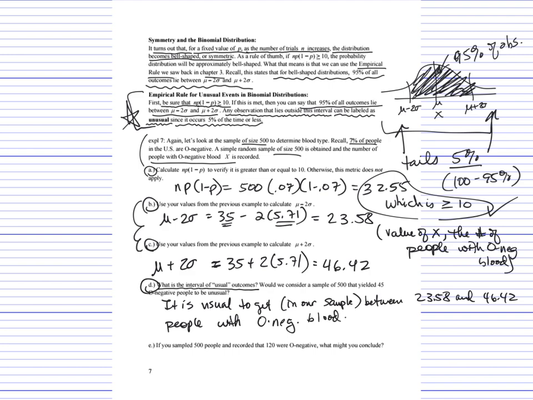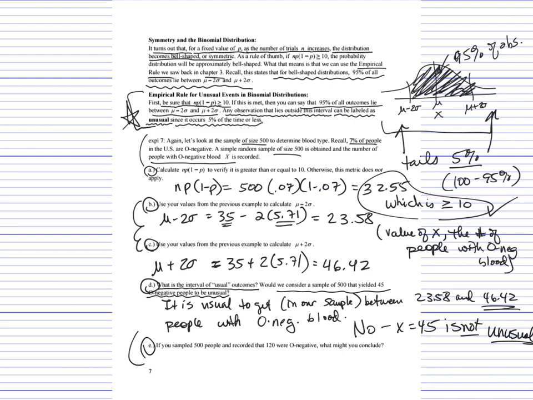Okay? So the question is, would we consider a sample of 500 that yielded 45 O negative people to be unusual? Well, this interval here includes 45, doesn't it? So no. X equals 45 is not unusual. It does not fall outside of the mu minus 2 sigma to mu plus 2 sigma range. That's all.